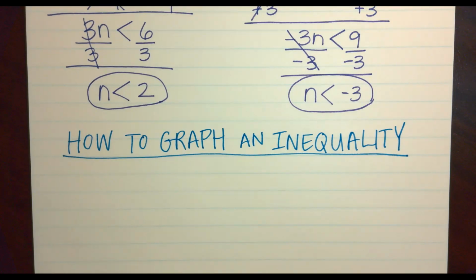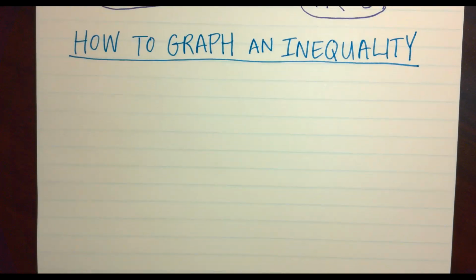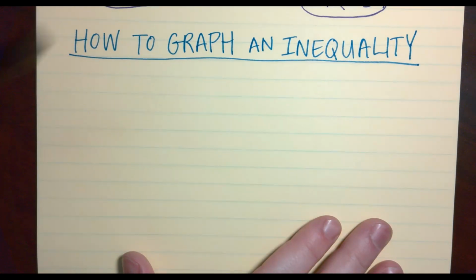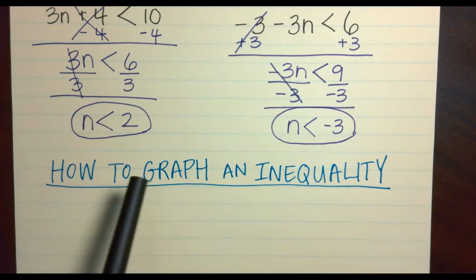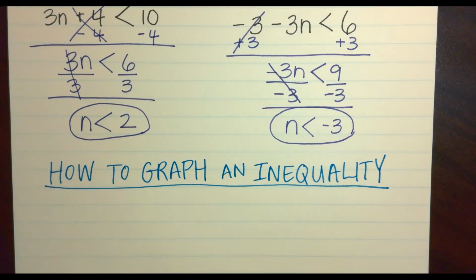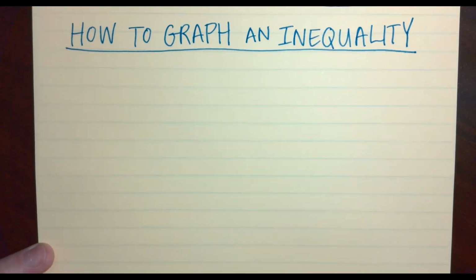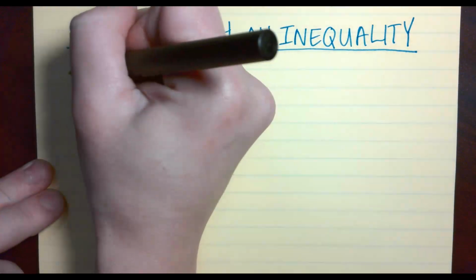Okay, so let's just use one of these that I came up with here. We came up with N is less than 2. So I'm going to write that here, and I'm going to show you how you would graph this.